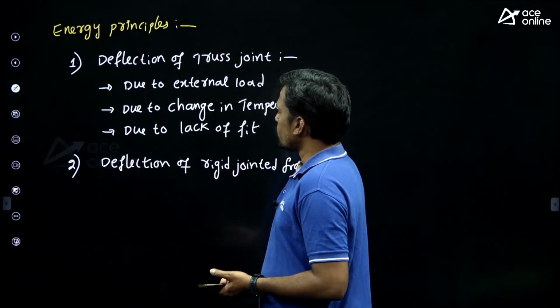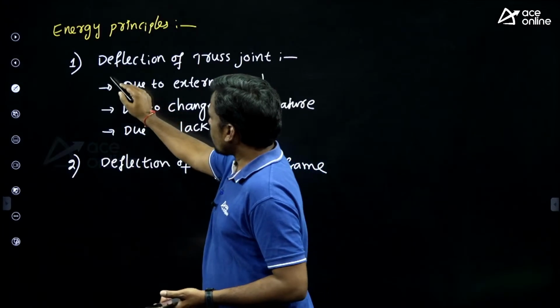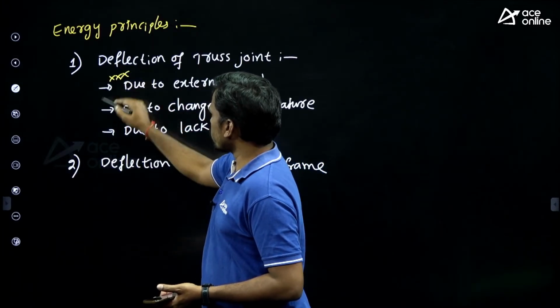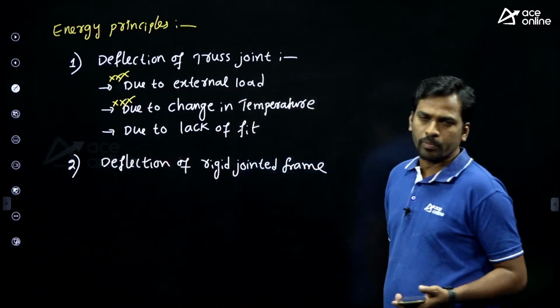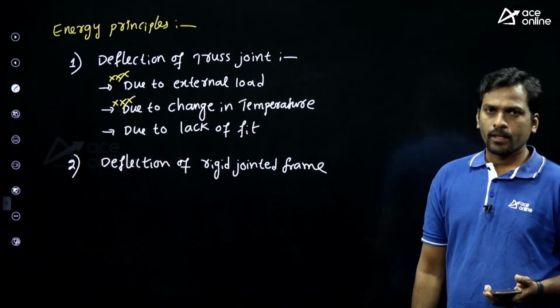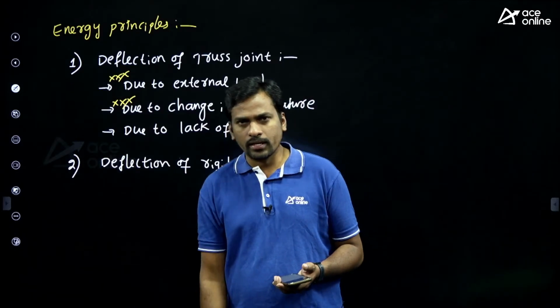And here, if you see these 3, I am expecting due to external load or due to change in temperature from this topic only. Okay, so here I gave again 3 cases. Do you remember the 3 cases?